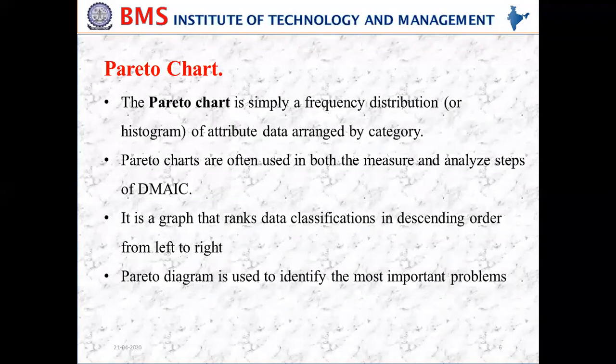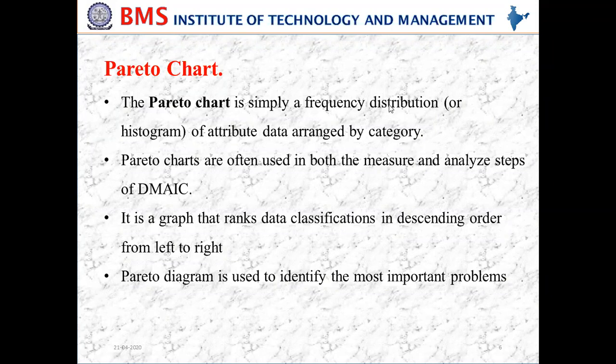For continuous improvement, the tool is called the Pareto chart. The Pareto chart is also called the 80/20 rule, or vital few, useful many. A Pareto chart is simply a frequency distribution of attribute data arranged by category.